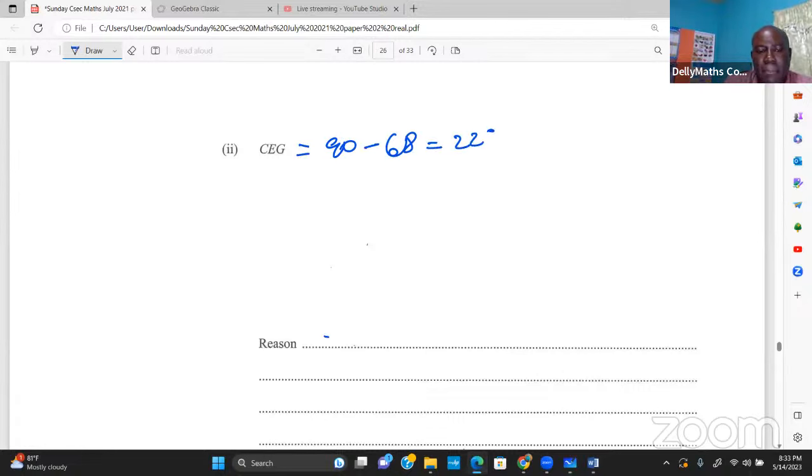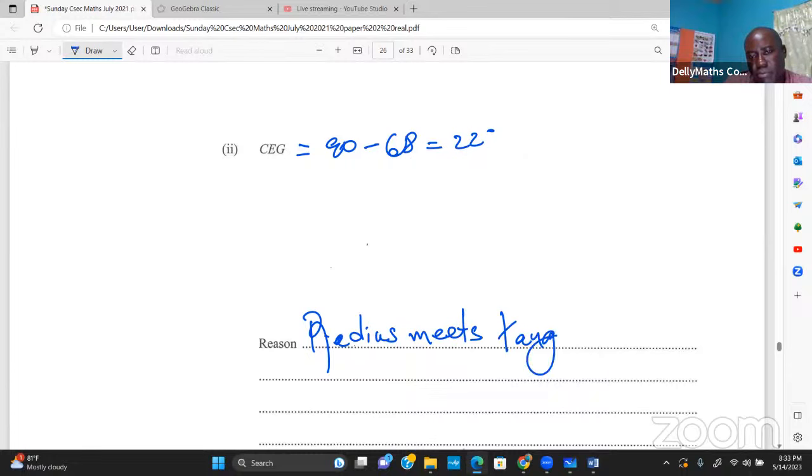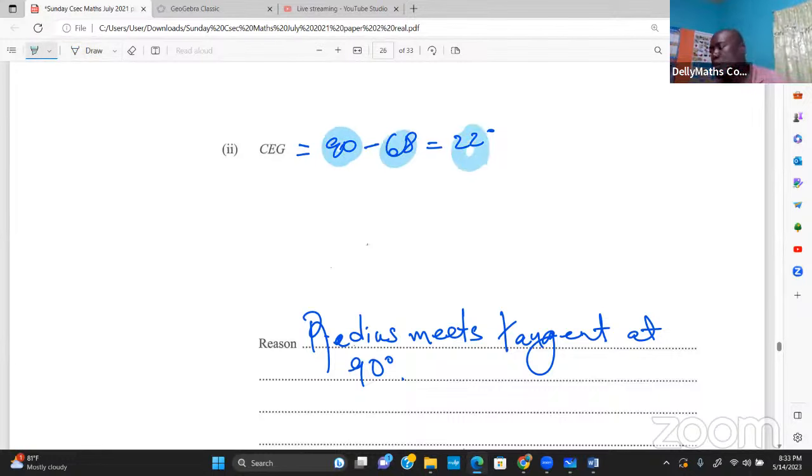And the reason I pick is radius meets tangent at 90 degrees. This was the idea that allowed me to say 90 minus that. So these questions are not necessarily a big deal, but it's simple within your memory. One has to at least remember what's going on.